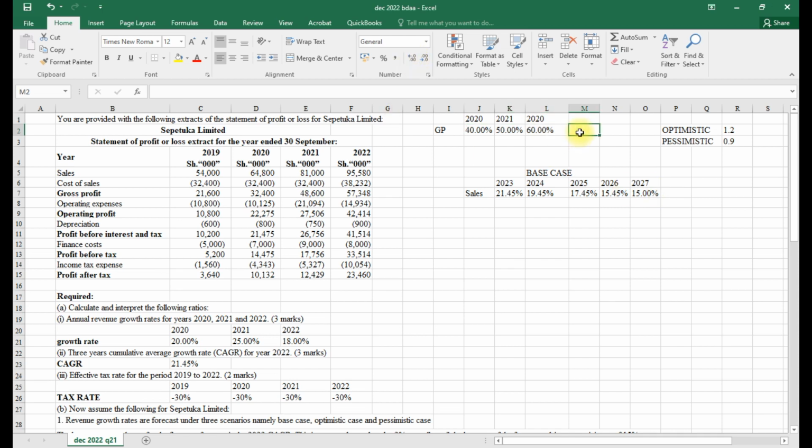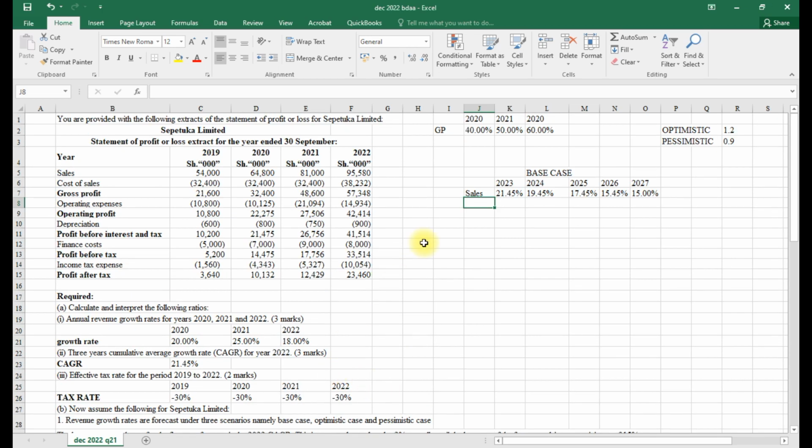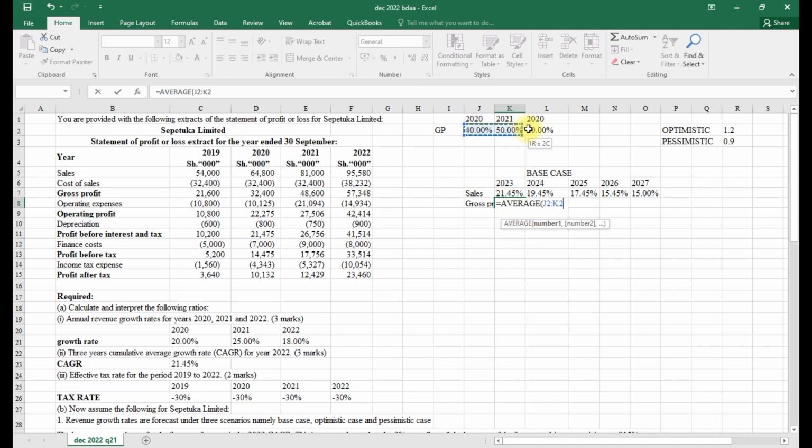So I need these to be the average. So here the gross profit, they are saying the gross profit margin for the first year of the forecast is a 3-year average for the period. So here our gross profit will be the 3 years average. It will be the average for the 3 of them. Yeah, that way.